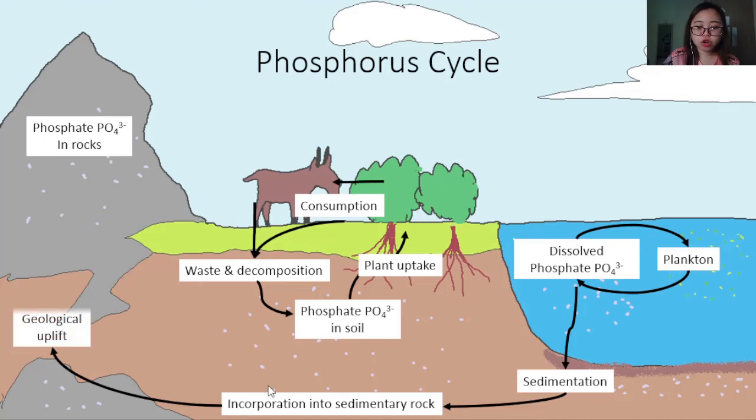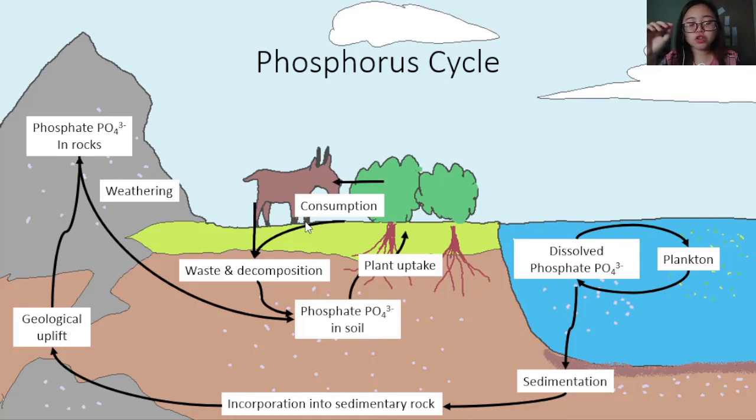So when those rocks that are down there go up to the surface, it is a process called geological uplift. So through geological uplift, rock that is down here is brought up there. So now it becomes rock on surface, which makes it phosphate that is in surface rock.